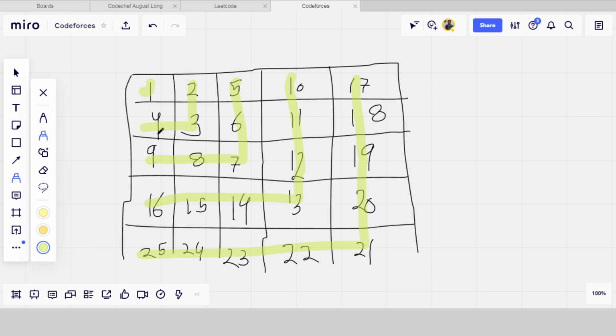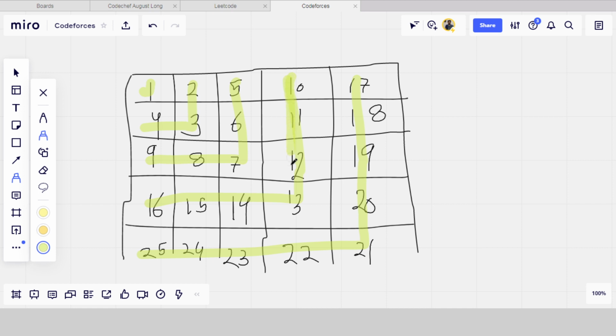For the second L, the maximum number is 2 square, meaning 4. Here it is 9. Here it is 16. Here it is 25. All the numbers between 4 and 9, with 9 inclusive and 4 exclusive, lie in the third L. Numbers greater than 9 and less than or equal to 16 lie in the fourth L.